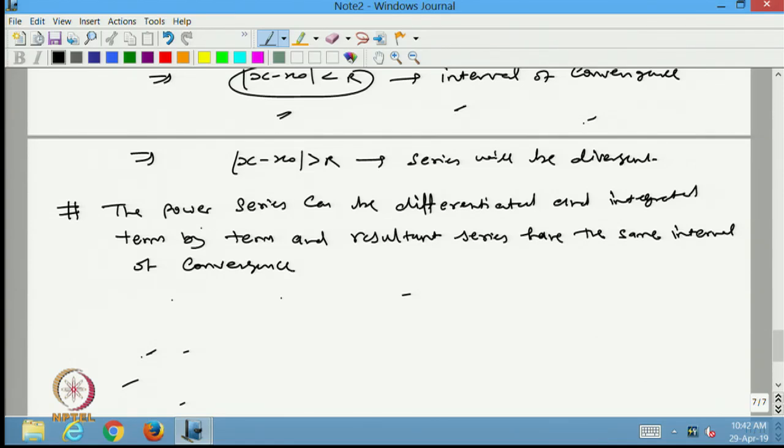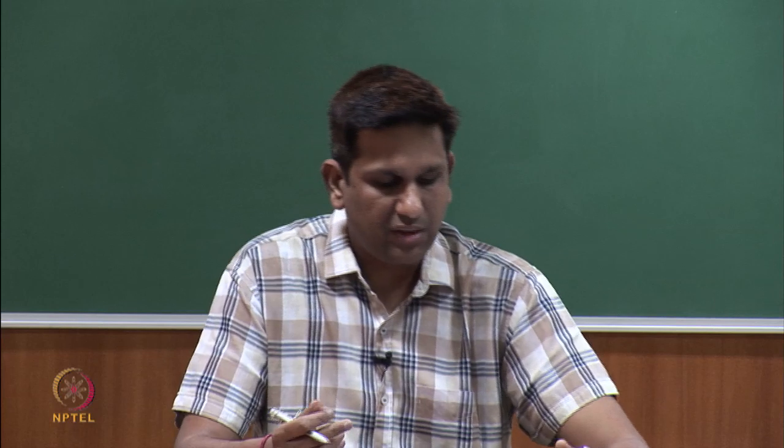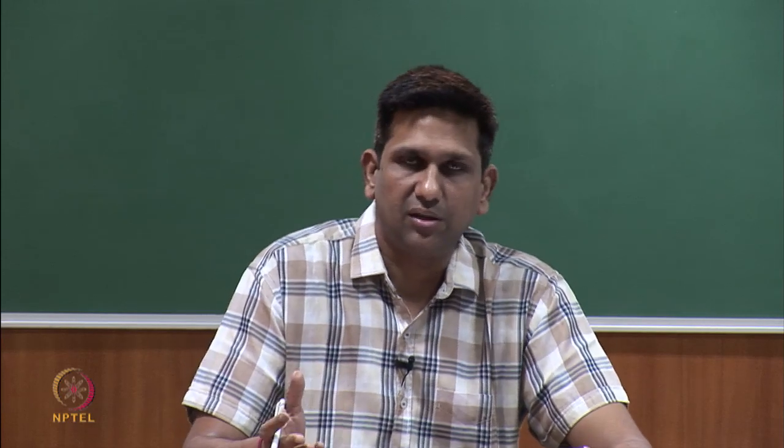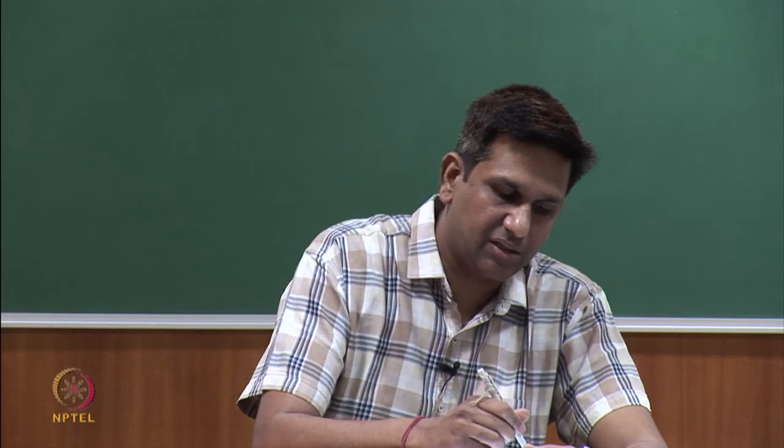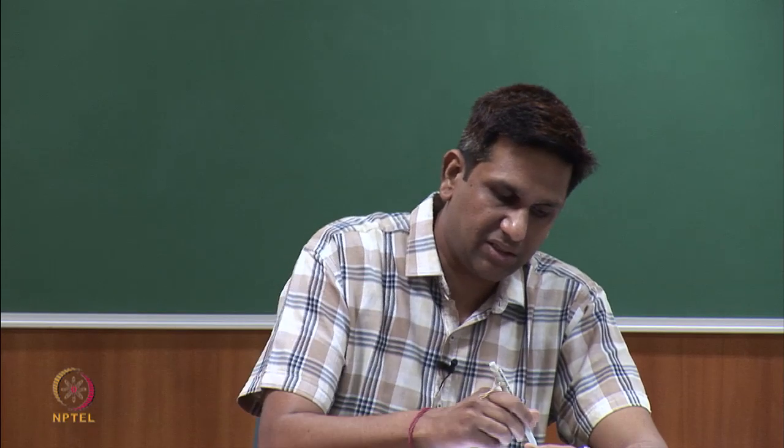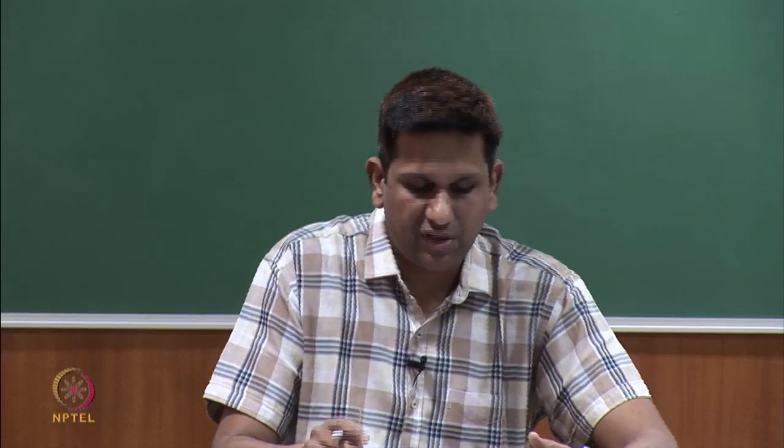Because whenever we take the power series of a function, it can be differentiated termwise and it can be integrated termwise, and the resultant series will have the same interval of convergence.